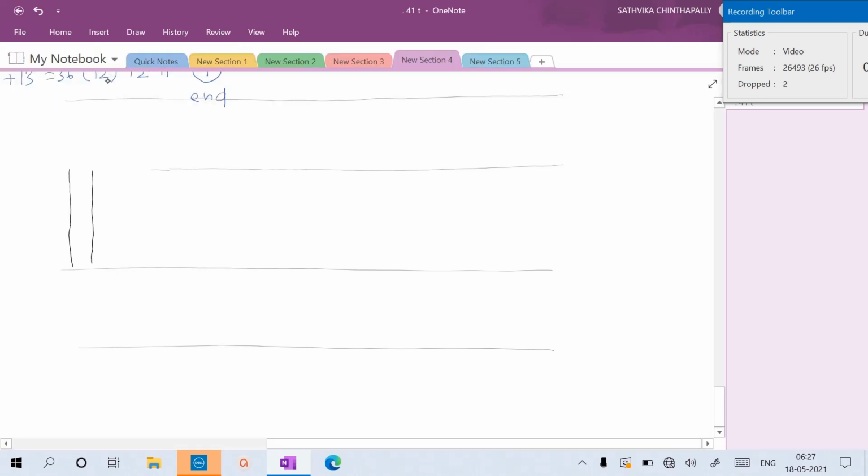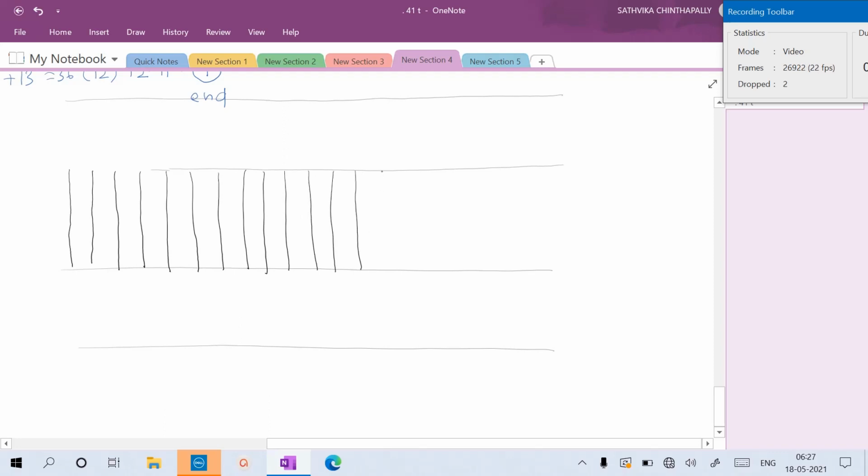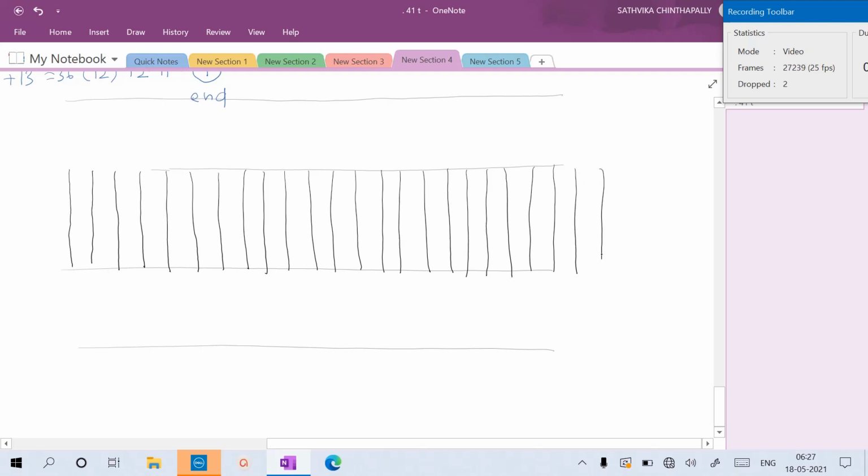Now take these lines. This 1, 2, 3, 4, 5, 6, 7, 8, 9, 10, 11, 12, 13, 14, 15, 16, 17, 18, 19, 20, 21, 22, 23, 24 conductors.